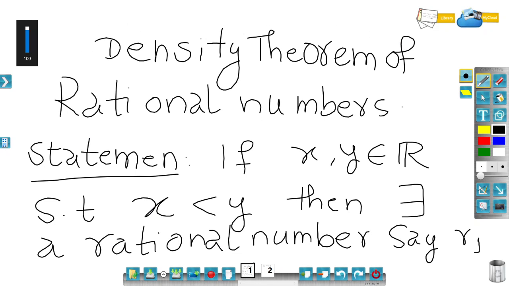Very simple statement. It says that if you have any two real numbers, then it is always possible to find a rational number between these two real numbers.